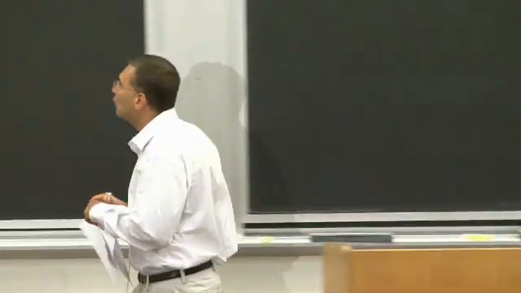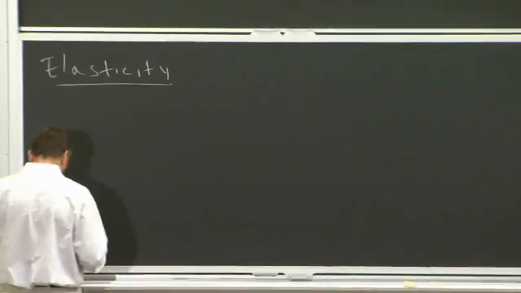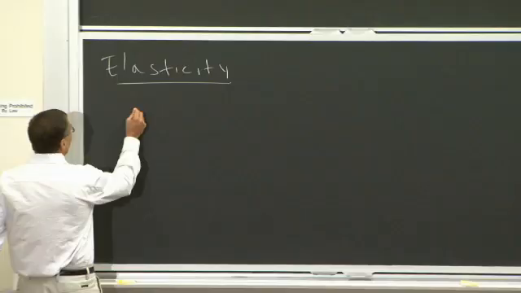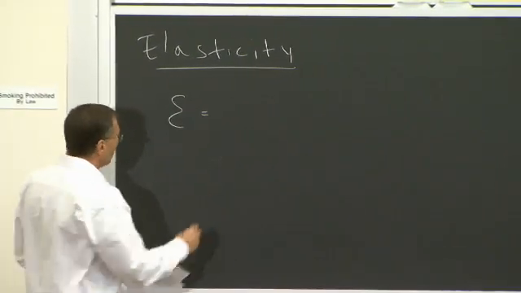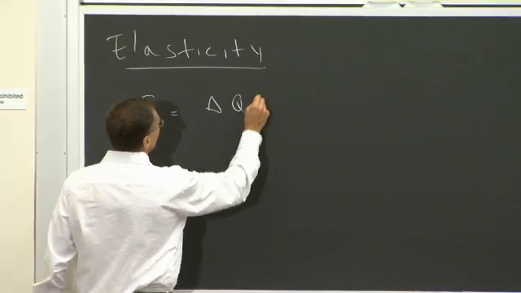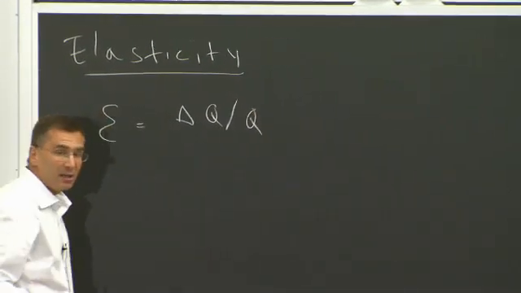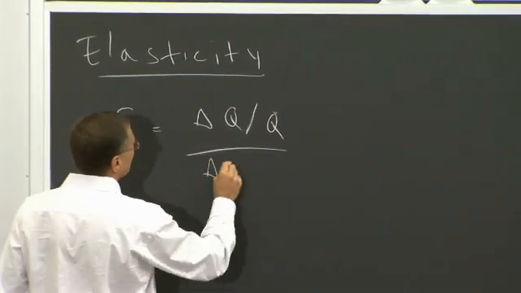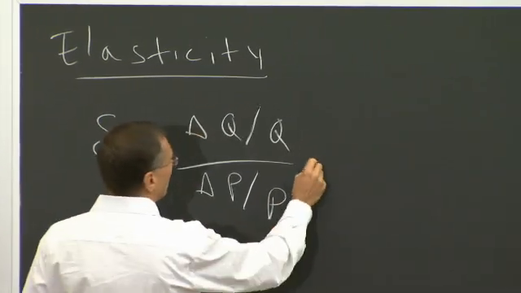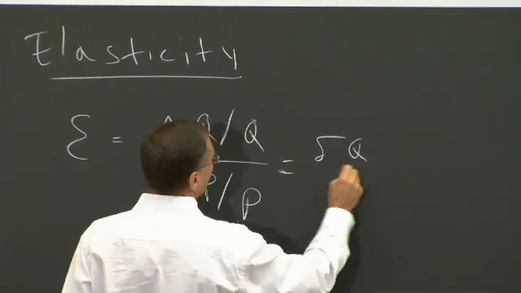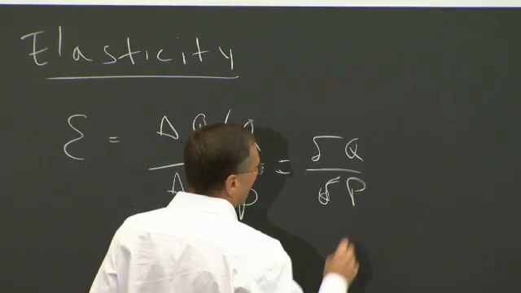And what's going to determine the price change is going to be the price elasticity of demand, epsilon, which is going to be the percentage change in quantity for each percentage change in price. Okay? Or in calculus terms, dQ/dP.